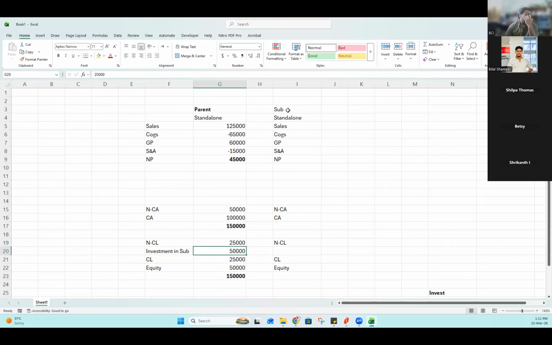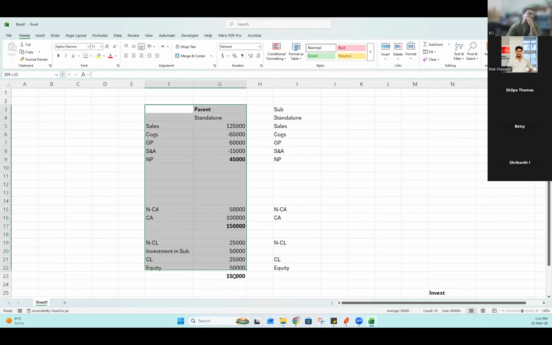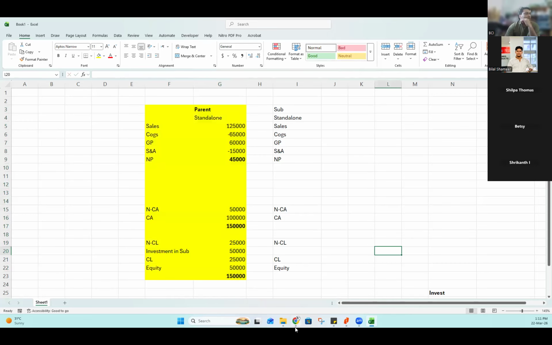For example, this is the parent company standalone balance sheet and P&L. Now, here, when you see, there is investment in subsidiary 50,000.